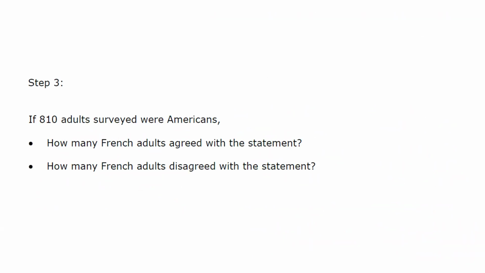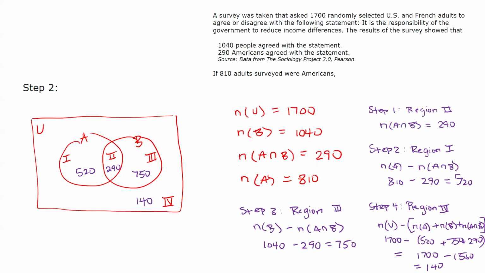So now our last step is to answer the questions. If 810 adults surveyed were Americans, how many French adults agreed with the statement? Going back to our Venn diagram, set B is the adults who agreed, and set A is the Americans who took the survey.